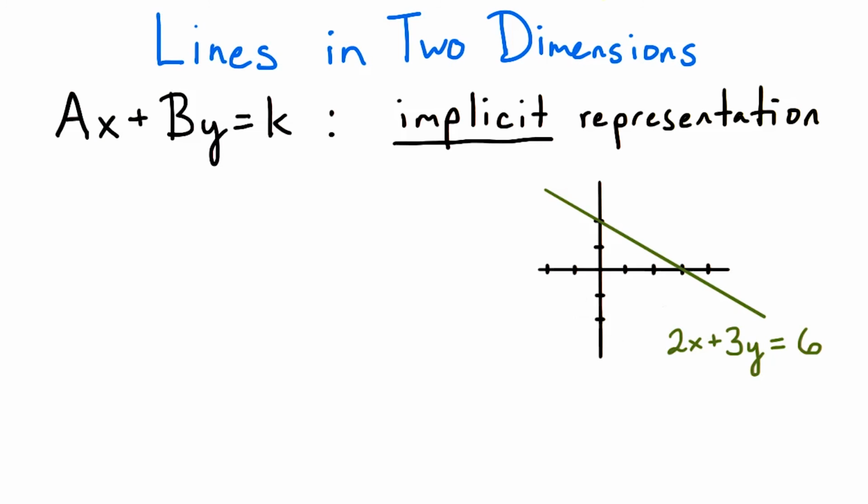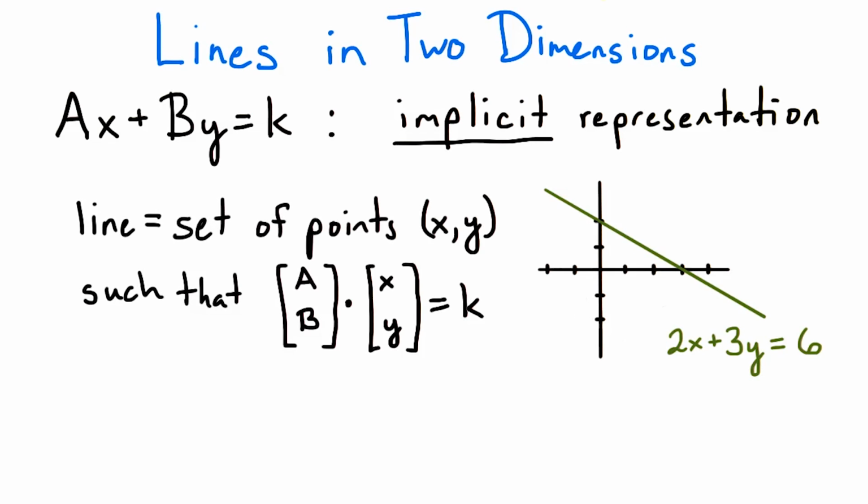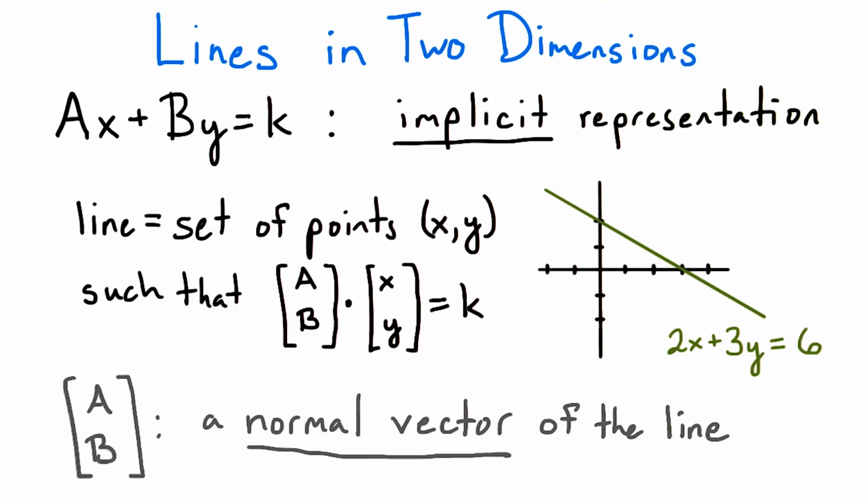One reason this way of looking at the equation ax plus by equals k is important is that it gives us an implicit description of the line as a single equation. In particular, as the set of points such that a particular vector dotted with those coordinates x and y equals a given number k. This form also lets us quickly read off the coordinates for a vector that is orthogonal to the line, also called a normal vector to the line.